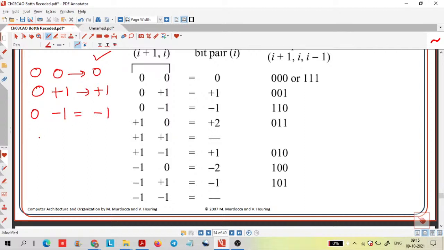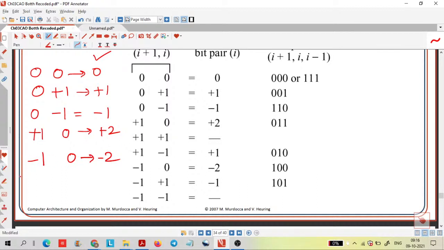Then +1, 0 becomes +2, and -1, 0 becomes -2. You have to remember this table.